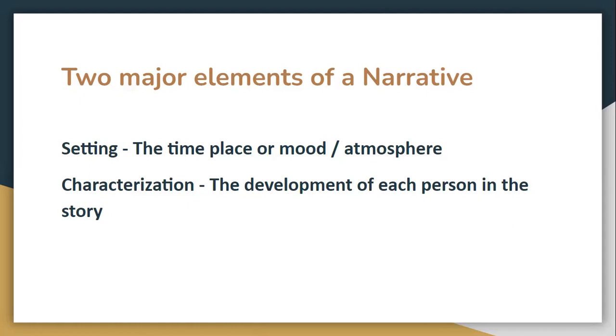So characterization gives you the authority as the writer to build or create your characters using descriptions that can go from their physical attributes to their personality. And characterization comes out in other ways as well. It comes out in gestures, it comes out in the things that your character says, and in the things that they also do.